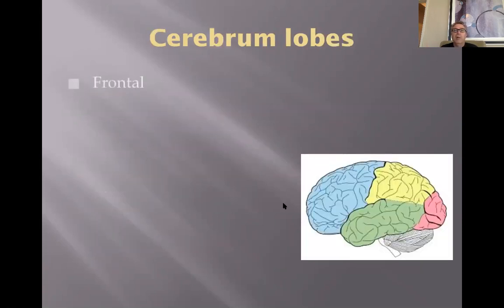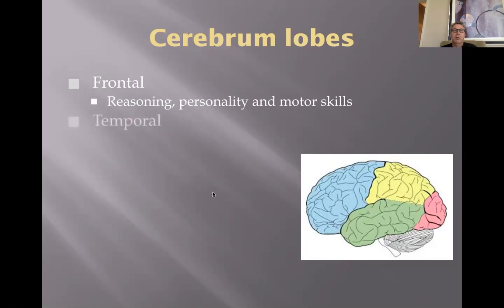So we have the lobes, and you should know this due to both the brain hat, and this is similar to the skull bones. So the same words, or labels, will be used. So the frontal, you'll be responsible for knowing these: the reasoning, personality, motor skills.